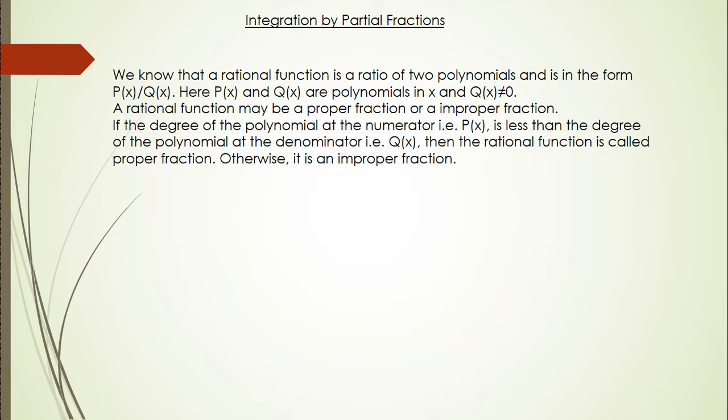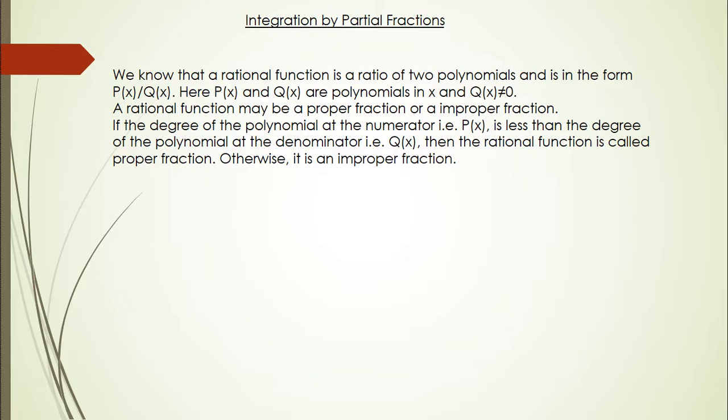We know that a rational function is a ratio of two polynomials and is in the form p of x divided by q of x. Here, p of x and q of x are polynomials in x and q of x is not equal to 0.